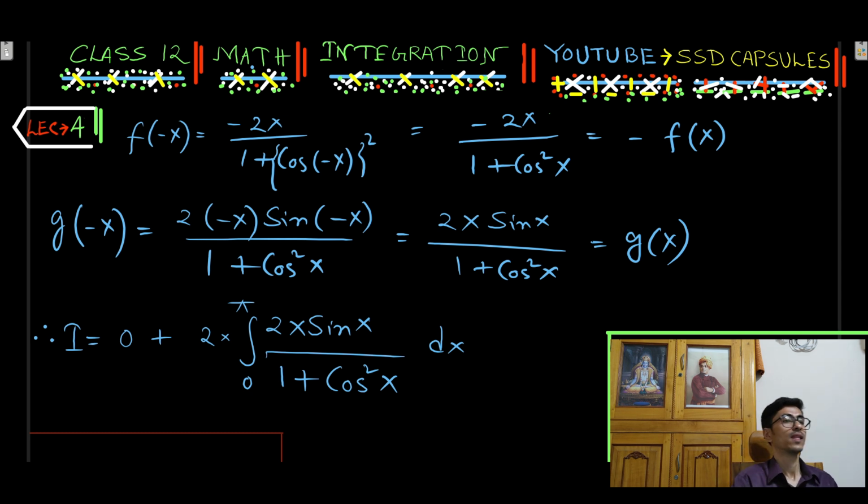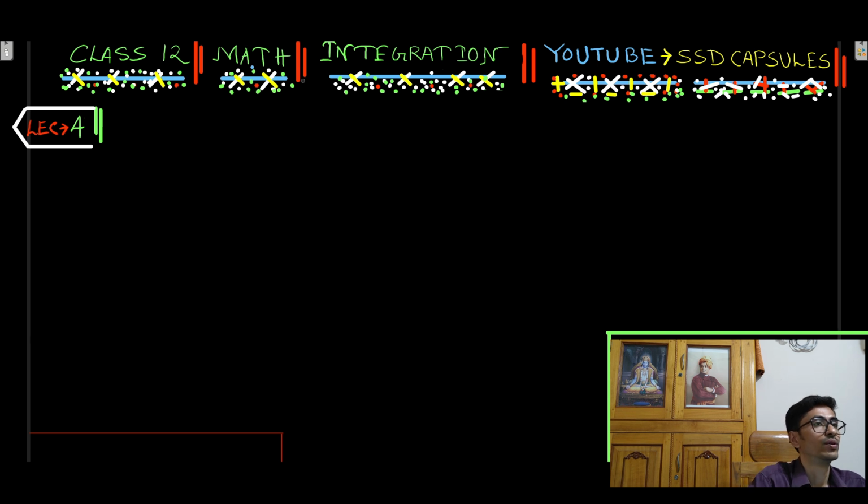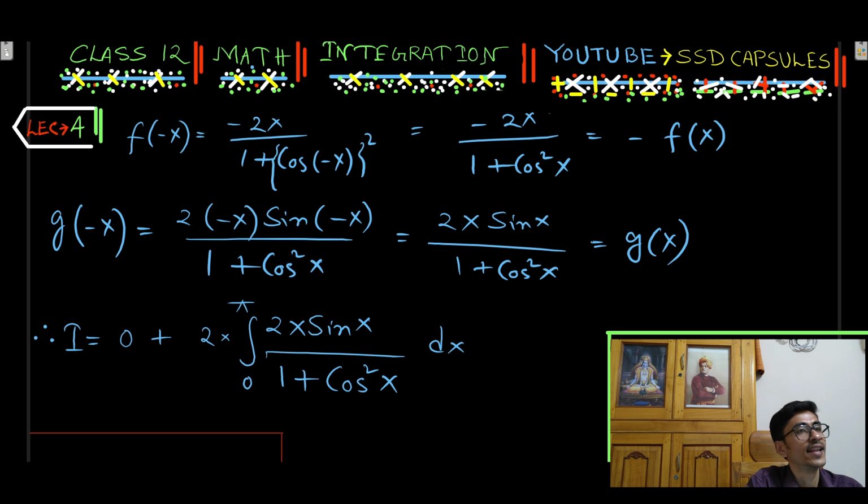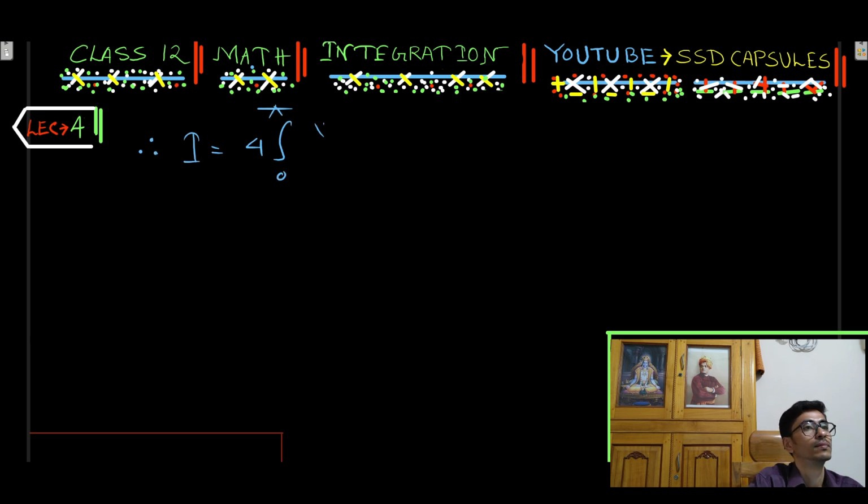So now I equals 4 into the integral from 0 to pi of x sin x by 1 plus cos square x dx.